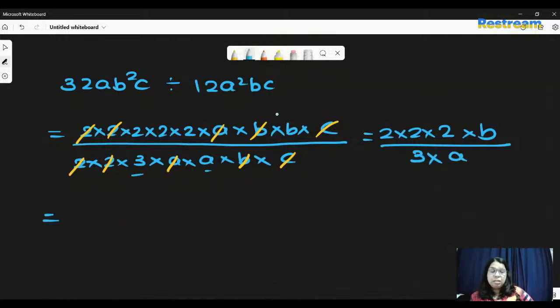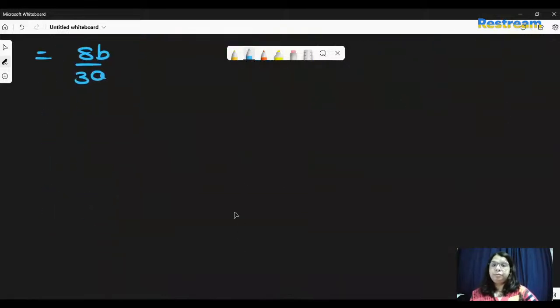So our final answer is going to be 8b over 3a. Now you will understand what I mean when I say that you can multiply and divide like and unlike terms, both of them. Okay, so let's do one more.